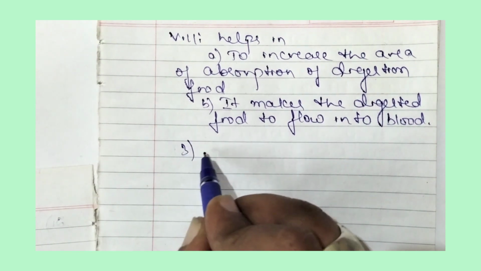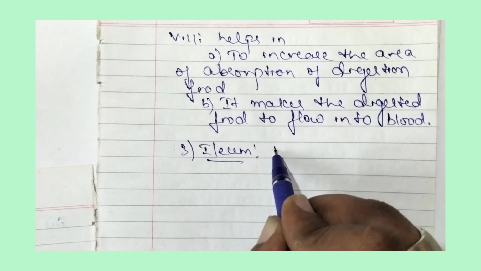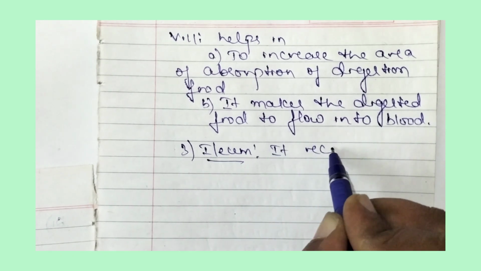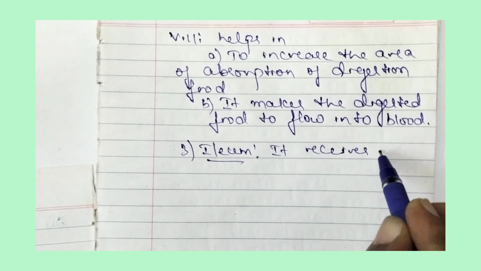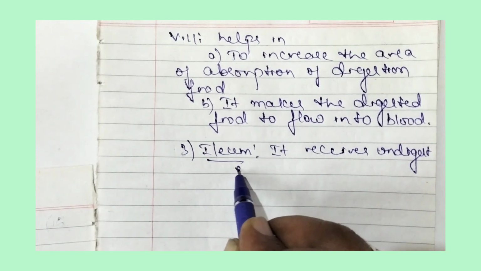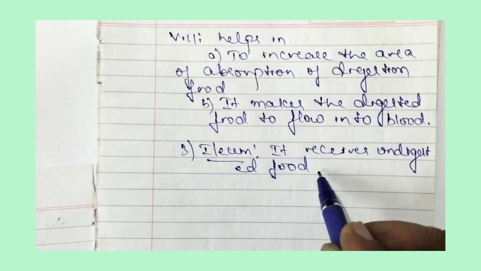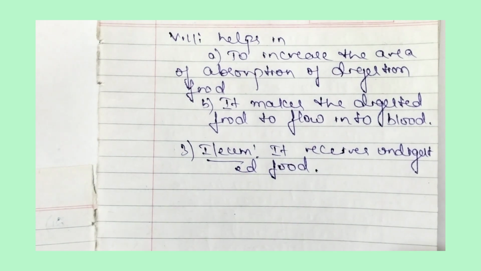Then the third part is called the ileum. It receives undigested food. So this is how digestion takes place in the small intestine. So by this we have completed practice paper number 8.